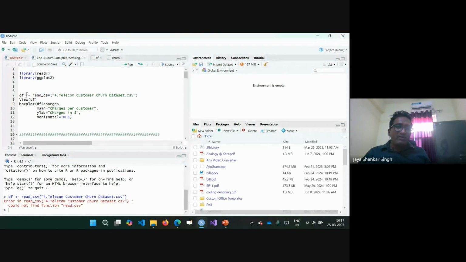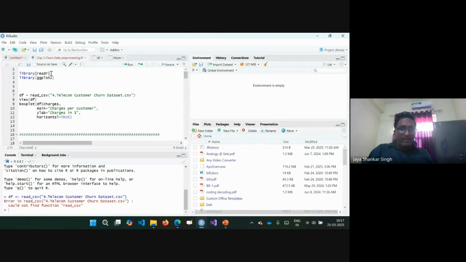This particular symbol is nothing but equal to. So I'm saying: read underscore CSV function, you read this particular file and store it in the variable or data file named df. From where did the name df come? I gave the name. From where did the read underscore CSV function name come? It is there in the reader package.